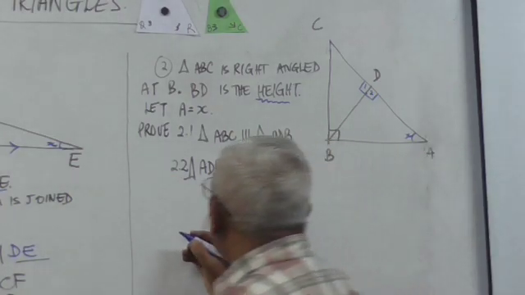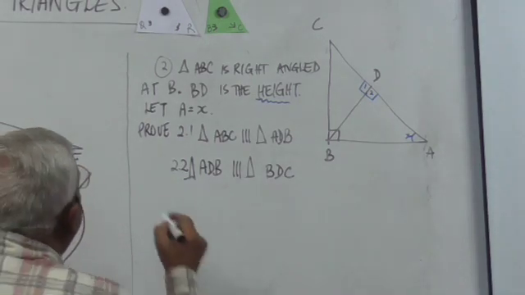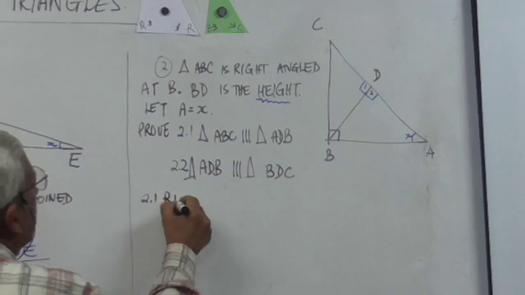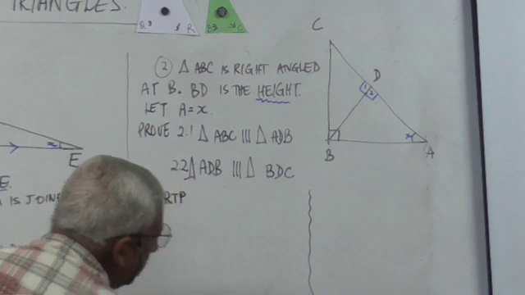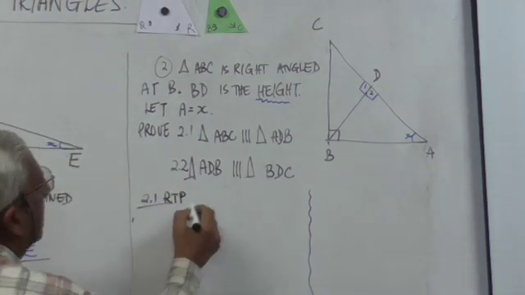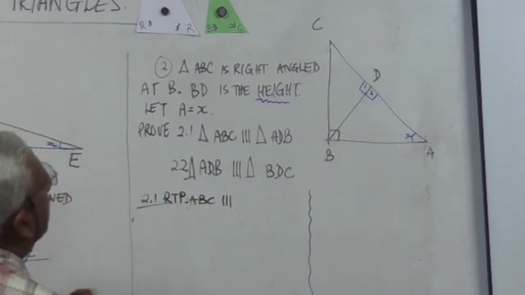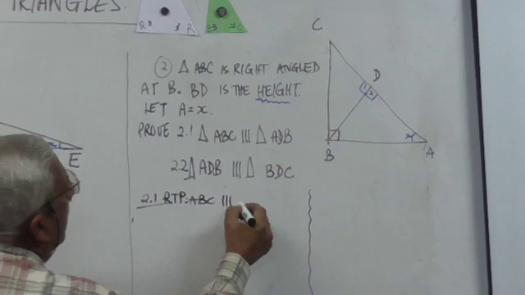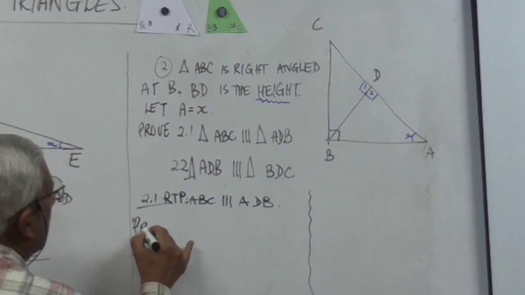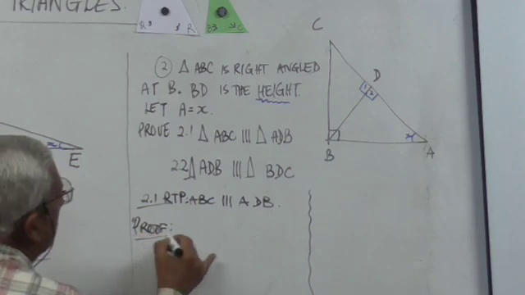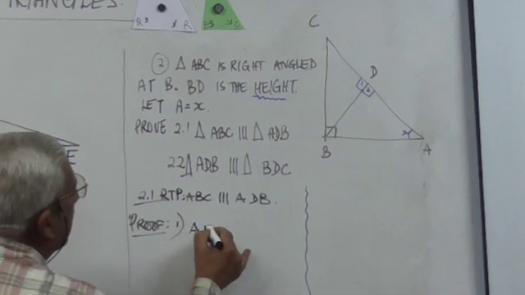So let's write the proof for 2.1. Required to prove: ABC is similar to ADB. Proof: 1. Angle A is common.